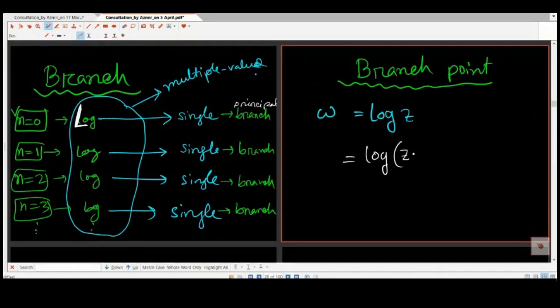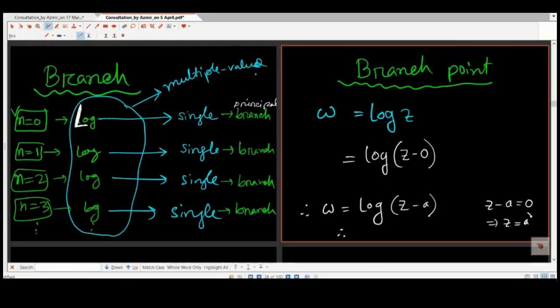This z is z minus 0. In general, if we have a log of z minus a, then we can solve z minus a equals 0. We will get z equals a. So z equals a is a branch point.